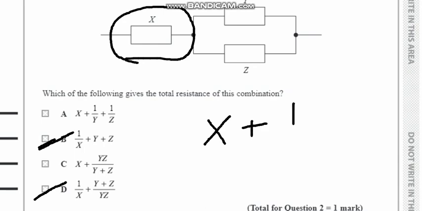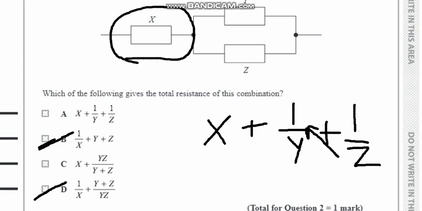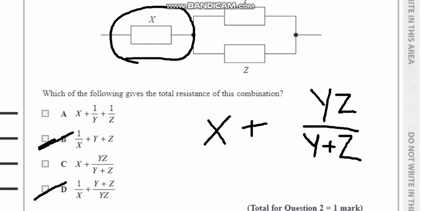We measure the resistance as 1 upon R. So we have 1 upon Y, there you go, and we will add 1 upon Z. Now if you do some addition into these fractions, this Z will go up there and this Y will go up there, and it will become, there you go, X plus YZ upon Y plus Z. And if you look closely into the question, there you go, that's our answer, C. So C is our final answer, saving your time. Moving on to the third question.